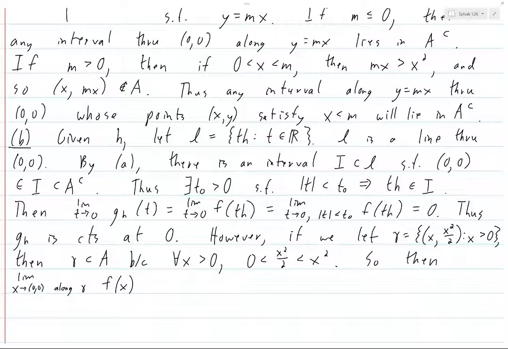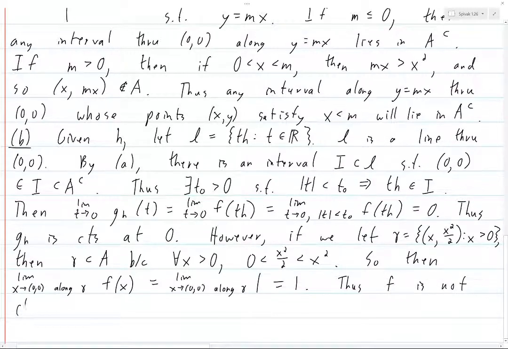And we're approaching along a curve of points in A. So this is going to be the limit as x approaches 0 along gamma. Well, for any point on gamma, f of x is 1, because x is in A. So it's a limit of 1, which is just 1. Thus, f is not continuous at 0.